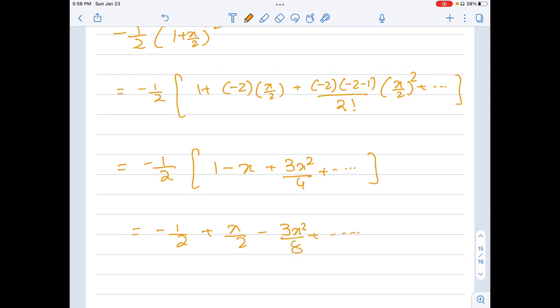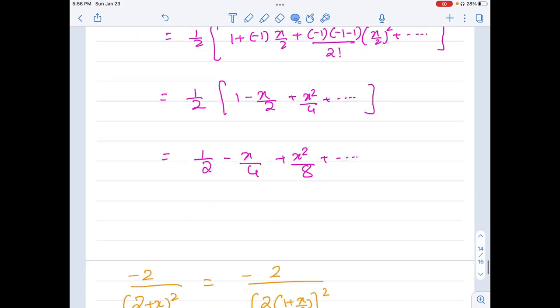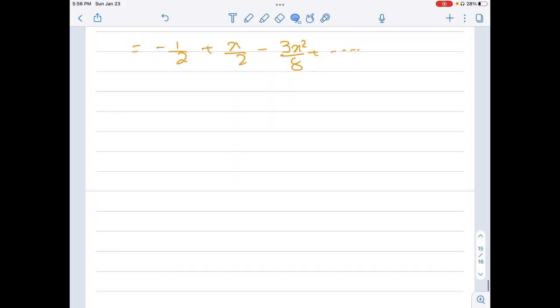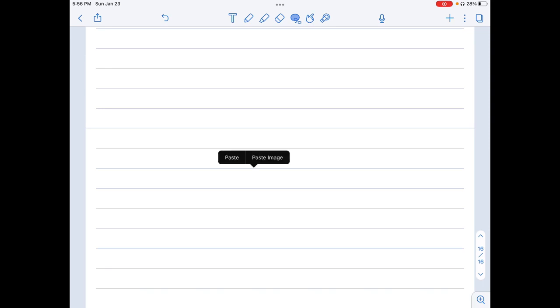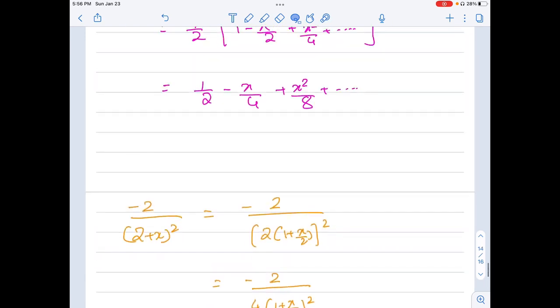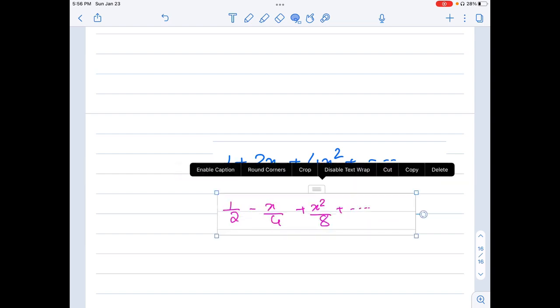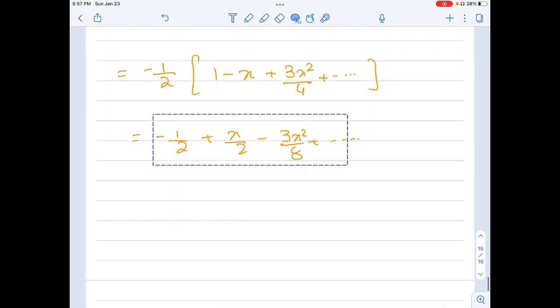So now we got 3 fractions. Add all the 3 fractions. So copy the answer for the first one, then the second one, and finally the third one.